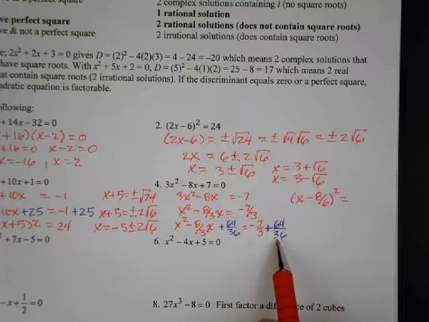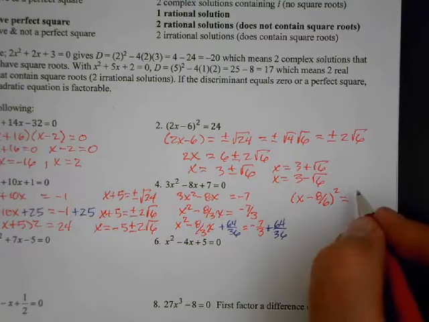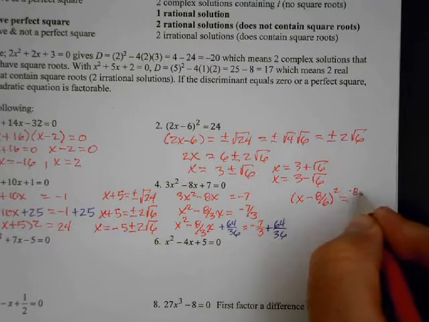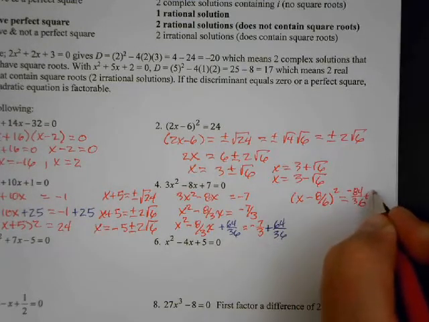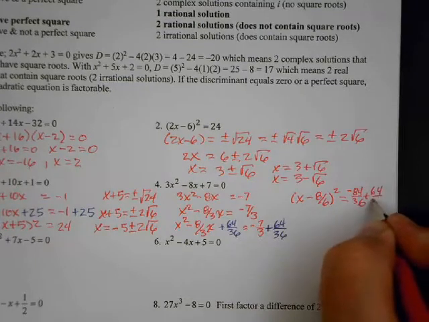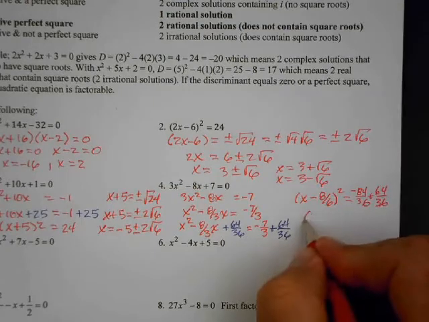Well, 12 times the 7 is 84. So this is actually negative 84. Which will give me negative 20.